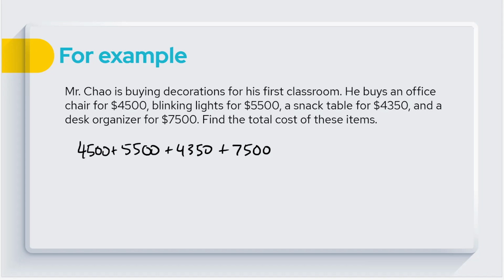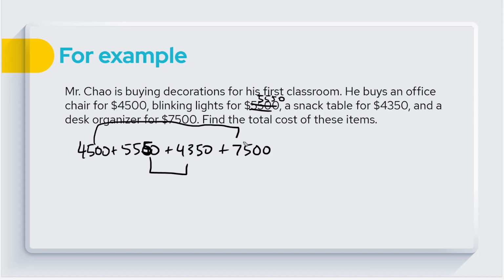I see what's so confusing now for me. I miswrote this. This is actually supposed to say 5550. So we'll just make this a 5. Okay, so it would be easier to add these two numbers together and these two numbers together, right? So we can just move them around.